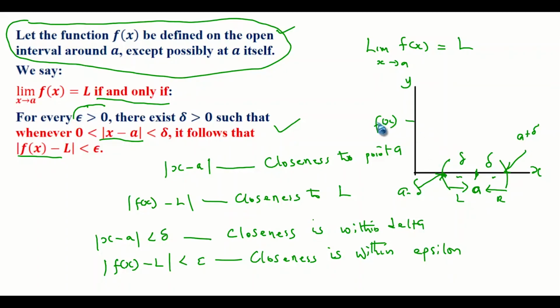Here it can be f of x, and it can also be the limit. Earlier I told you that the function value and the limit value can be the same and can be different, and I told you the condition that can make them the same and the condition that can make them different. So I can have the function here and the limit here.